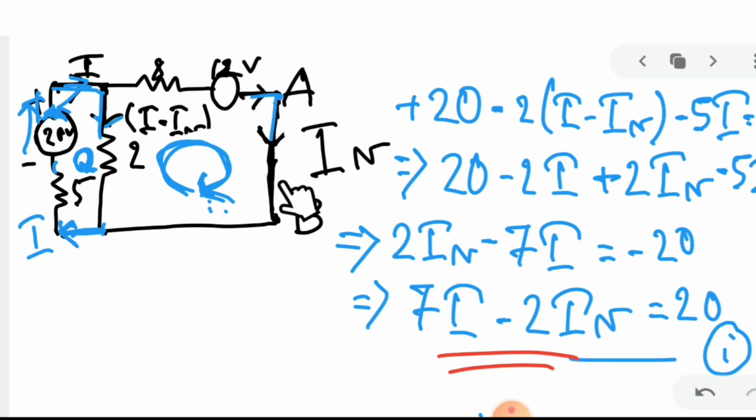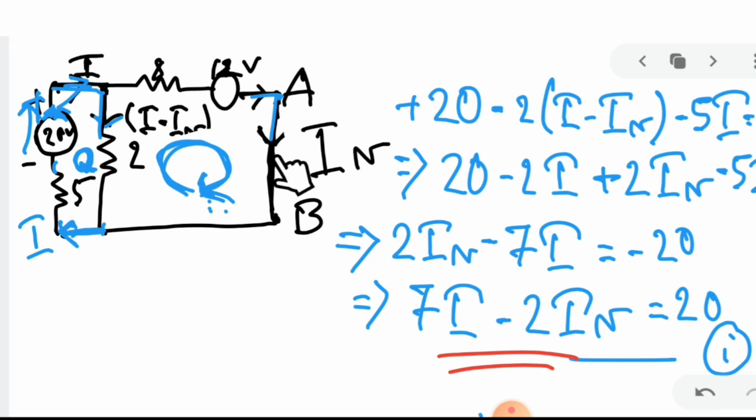Whatever is given between the AB terminals, we short circuit it, and the remaining circuit is the same as the question. From this AB terminal the current that flows is IN, the Norton's current. Whatever process you apply in this question, I applied KVL to find the IN.